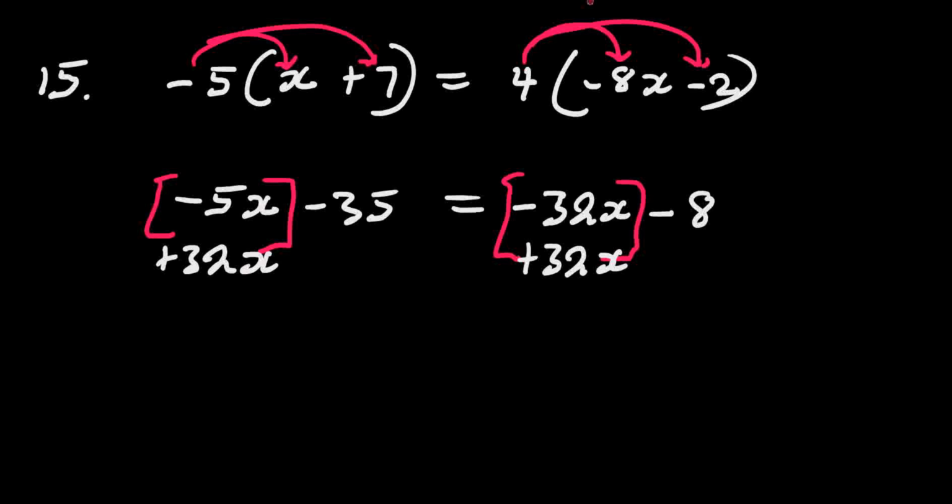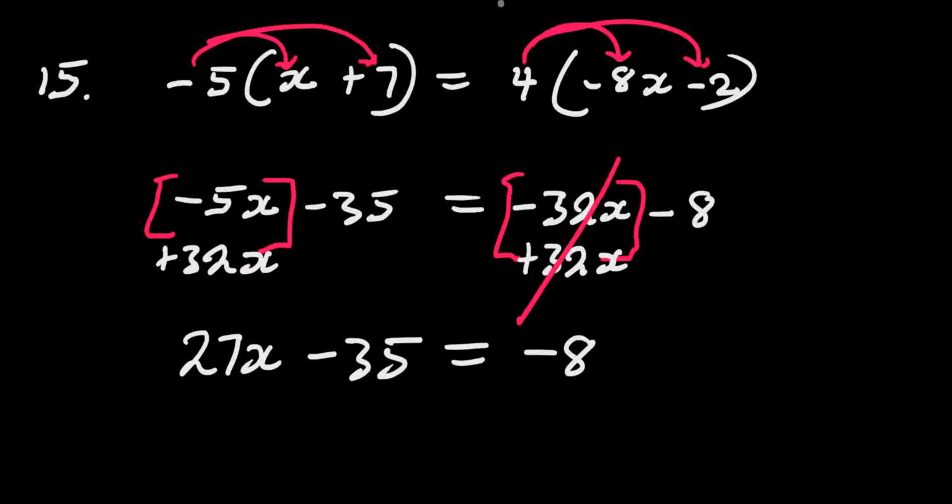Negative 32x plus 32x is 0. Strike that from here. And negative 5x plus 32x is positive 27x. So we have negative 35 equals negative 8.